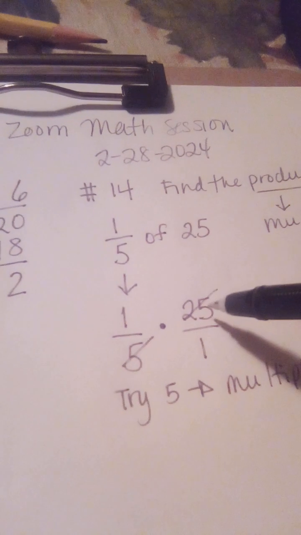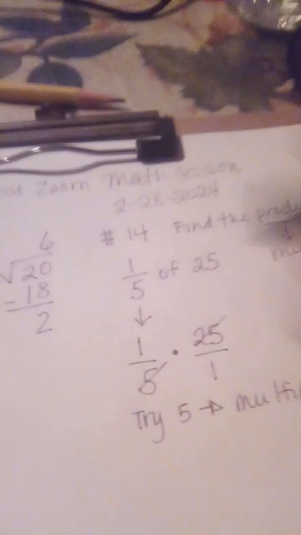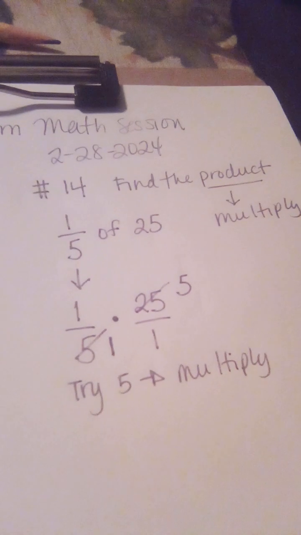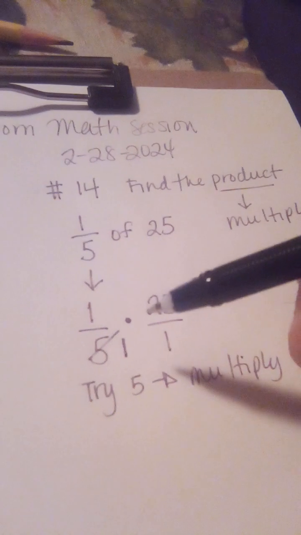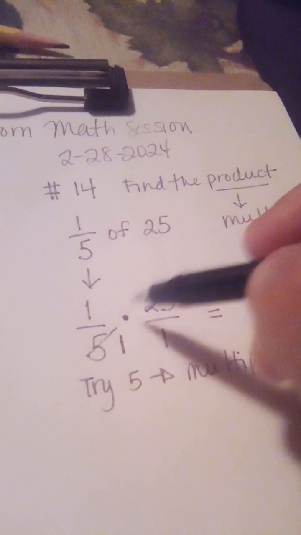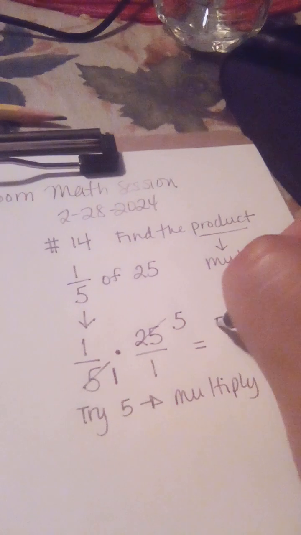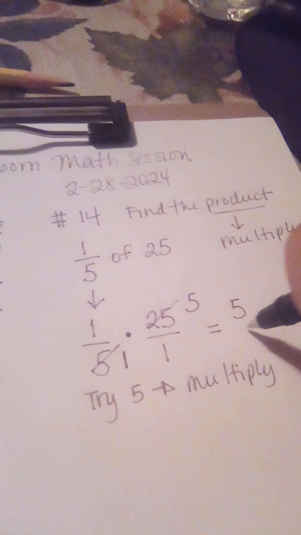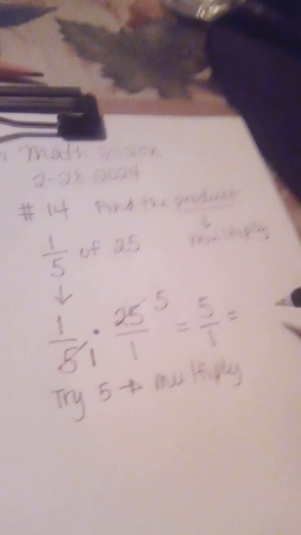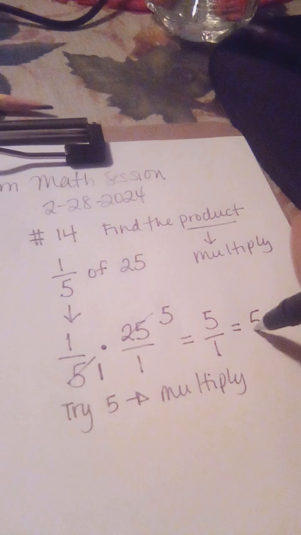So 25 divided by 5 gives us 5, and 5 divided by 5 gives us 1. In this problem, we have no more numbers to reduce, so let's multiply the numerators and the denominators. 1 times 5 gives us 5. 1 times 1 gives us 1. If we divide those two numbers, we get 5. That is our final answer.